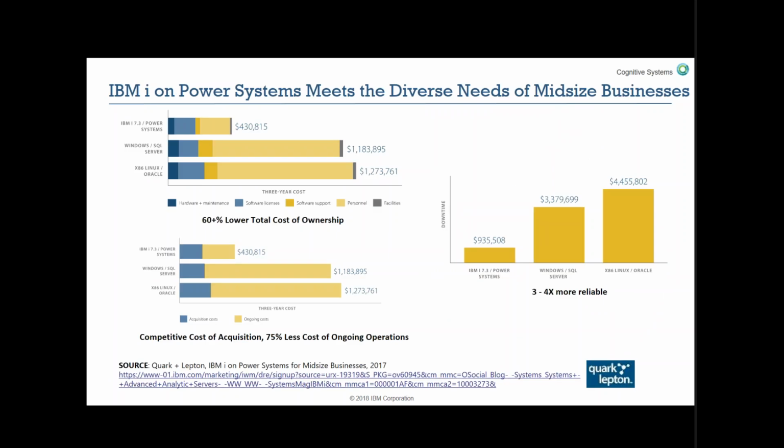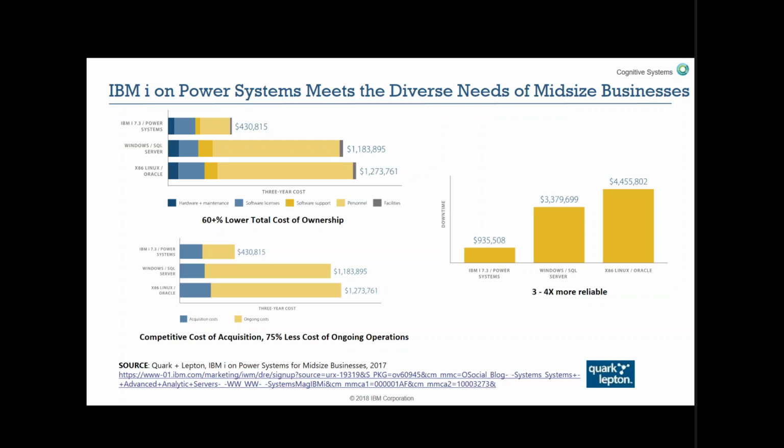And that matches what we see. At IBM, we do studies every once in a while with various different companies, and going back over all the different years, we could show you different reports from different companies. Here's one fresh from last year. A company that used to be called ITG, now known as Quark and Lepton, has a very good paper that quantifies what customers spend on different operating systems and hardware platforms.